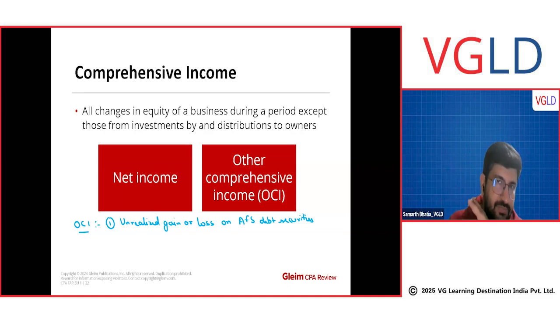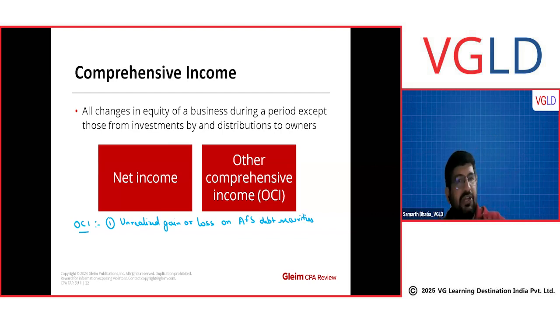Next is held to maturity. Normally, when you invest in bonds that have a maturity period and you have a clear intention to keep them till maturity, that comes under HTM, held to maturity securities.